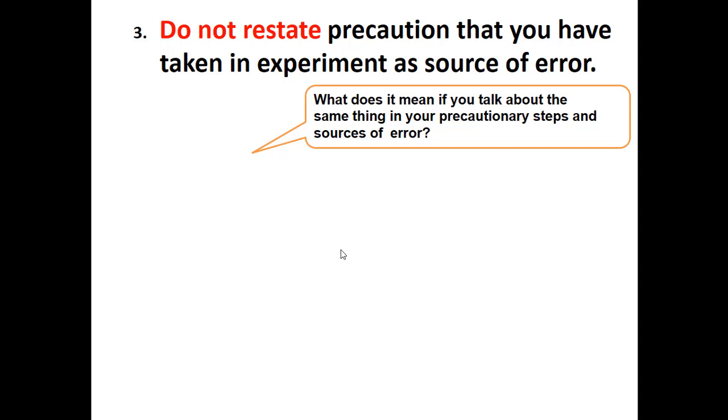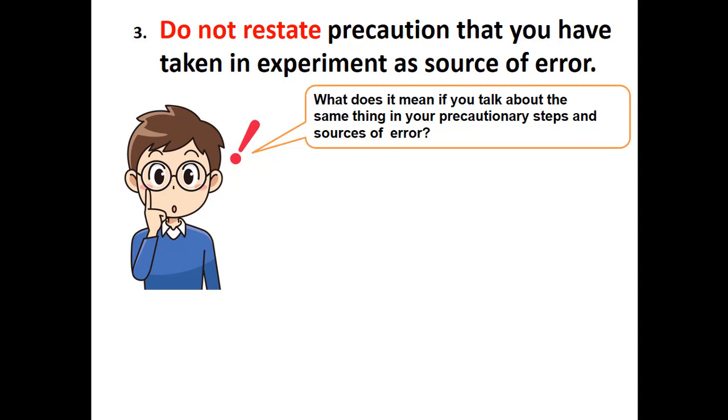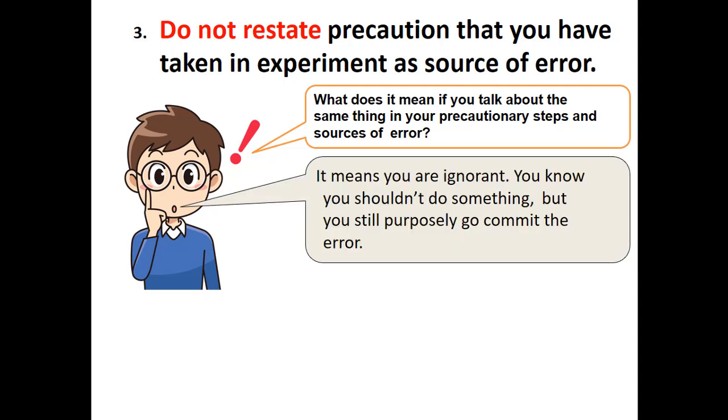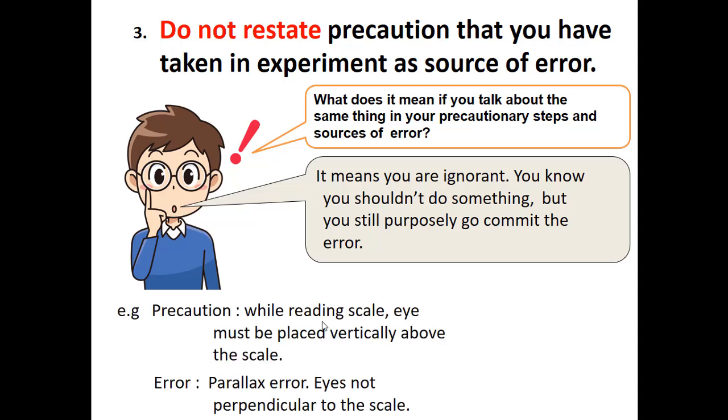Then do not restate precautions that you have taken in the experiment as source of error. What does this mean if you talk about the same thing in your precautionary step and the source of error? It means you are ignorant. You know you shouldn't do that particular thing, but you still purposely go and commit the error. So, for example, in your precautions, you write down, while reading the scale, eye must be placed vertically above the scale.